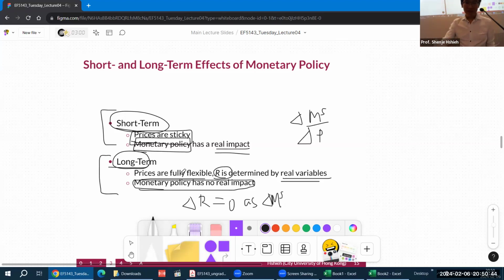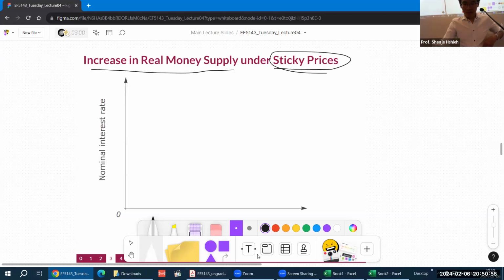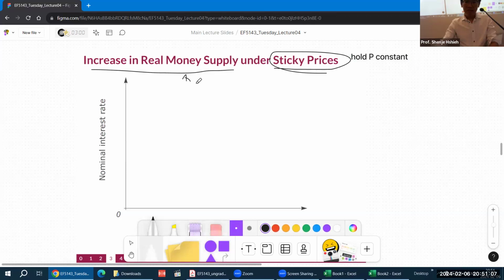Monetary policy doesn't work in the long run. So let's look at a monetary policy change, namely an increase in real money supply under sticky prices. Sticky prices just means hold P constant, and an increase in money supply means delta MS is positive. We can easily visualize this based on the graph we saw before the break.